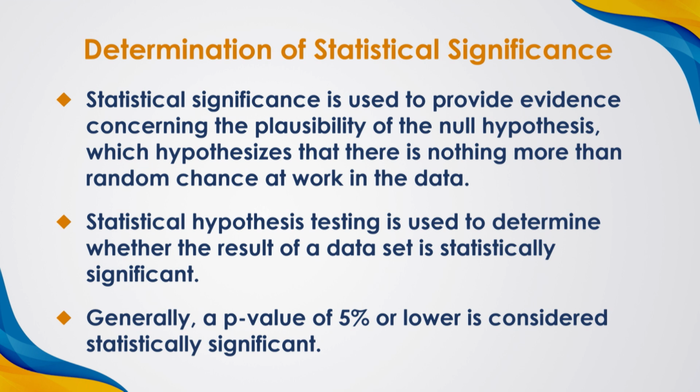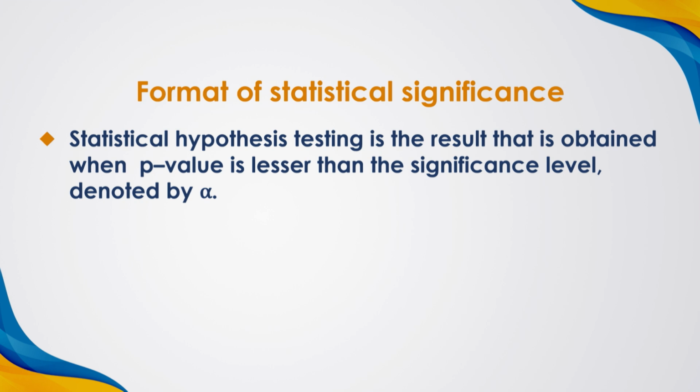Generally, a p-value of 5% or lower is considered to be statistically significant. The result is statistically significant when the p-value is lesser than the significance level, denoted by alpha.